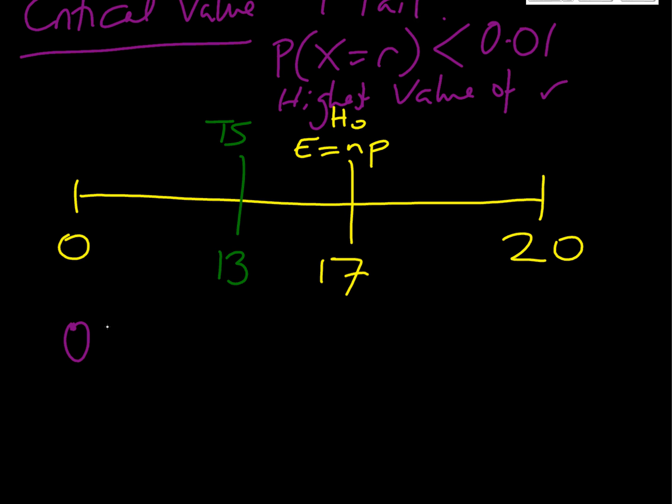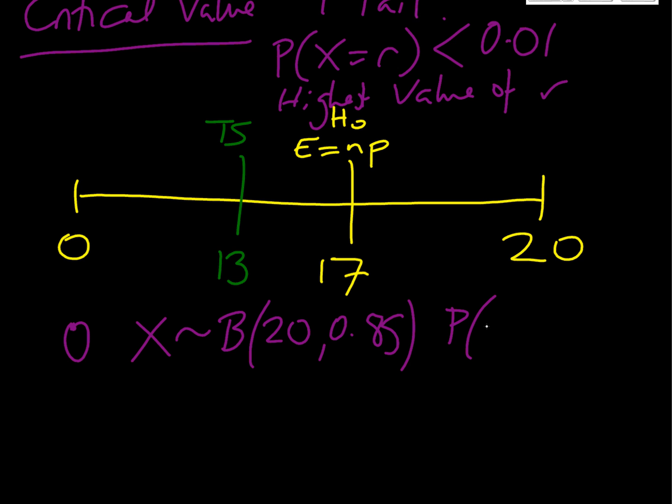That would be really extreme, wouldn't it? If we're expecting 17, we got 0. So what's the probability of that occurring? That's a binomial, we said, of 20, 0.85, and the probability we're looking for will be x equals 0.